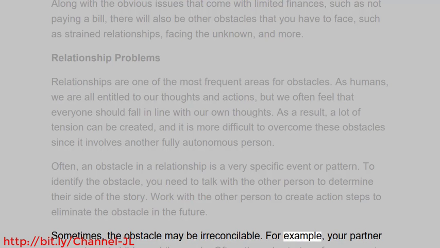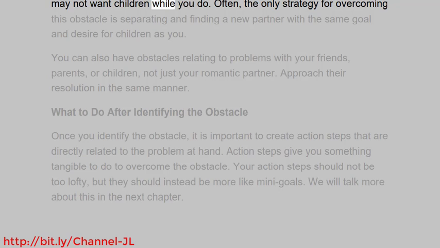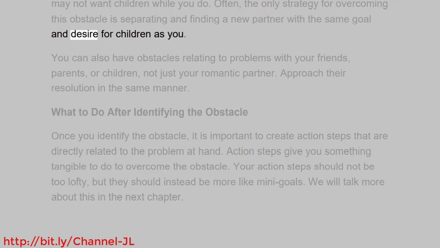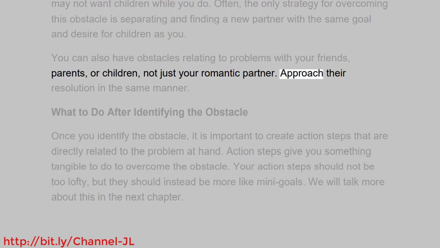For example, your partner may not want children while you do. Often, the only strategy for overcoming this obstacle is separating and finding a new partner with the same goal and desire for children as you. You can also have obstacles relating to problems with your friends, parents, or children, not just your romantic partner. Approach their resolution in the same manner.